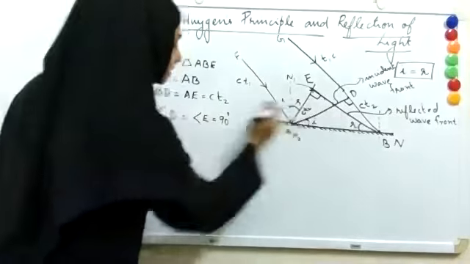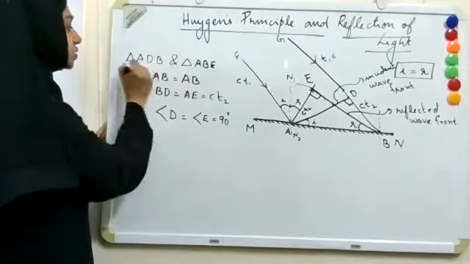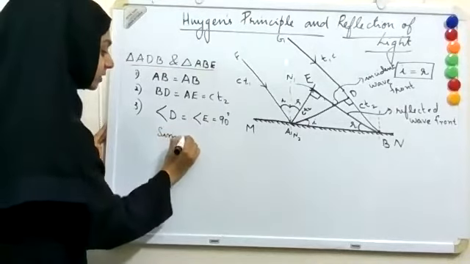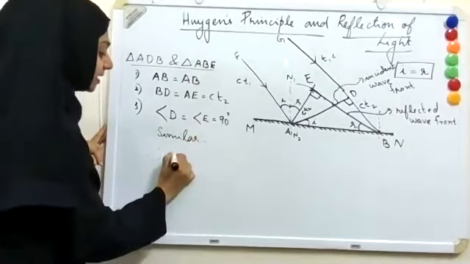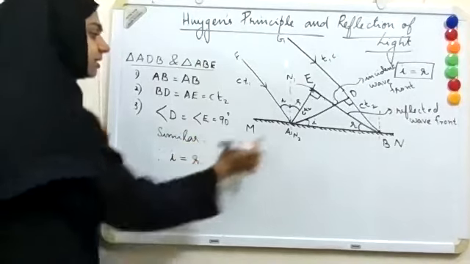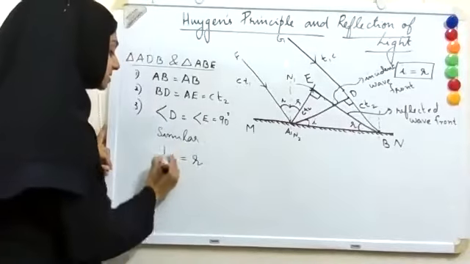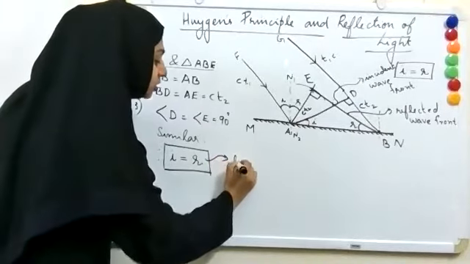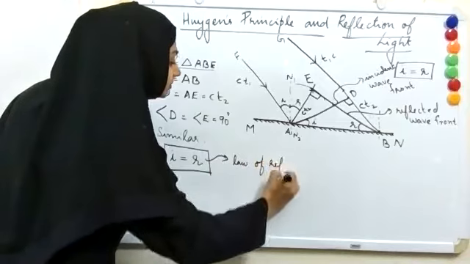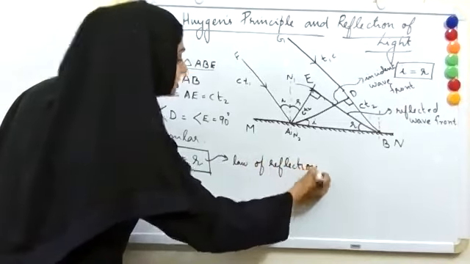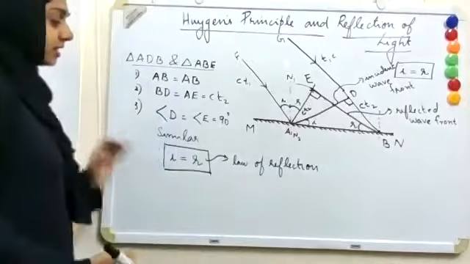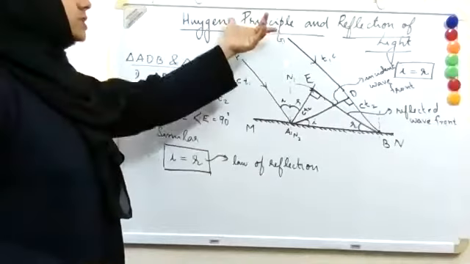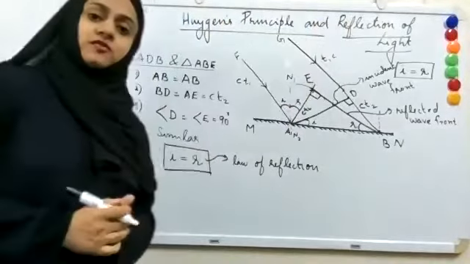So from these conditions, we can say that these two triangles are congruent. Therefore, angle I is equal to R, which means the angle of incidence is equal to the angle of reflection, which is the law of reflection. So, considering the wavefronts, we can arrive at the law of reflection.